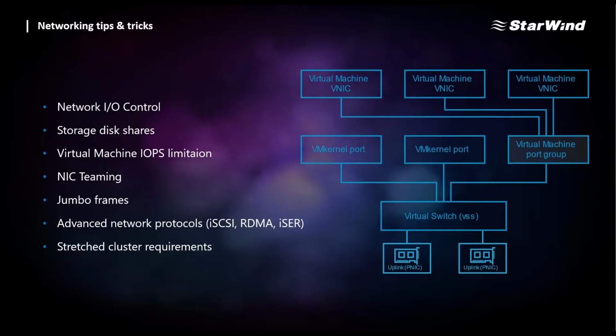The values are compared to the sum of all shares of all virtual machines on the server and on an ESX host, the service console. You can set the share value by using the low, normal, high presets, as well as use a custom value. Most important VMs can be set with the disk shares value at 4000.